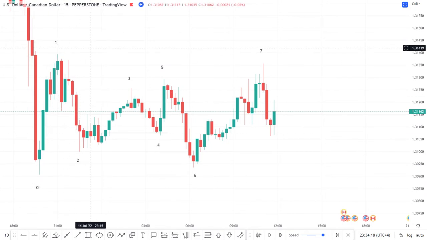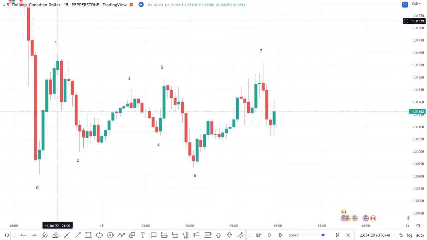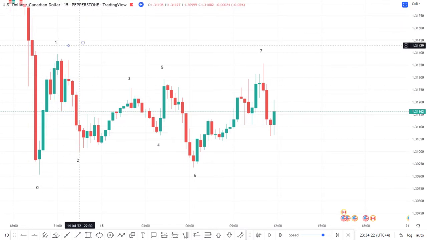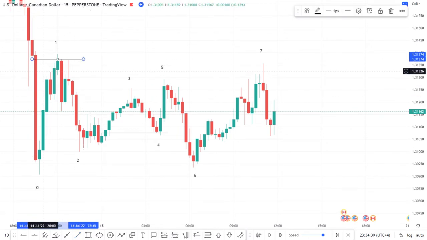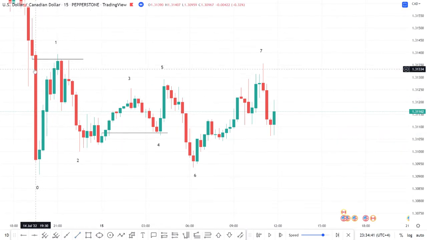Ito yung push na try na pataasin pa yung price pero hindi umabot yung gasolina ng buyers and makikita niyan dito sa frequency line na nabuo between yung previous candle na nag-create ng big downward move.